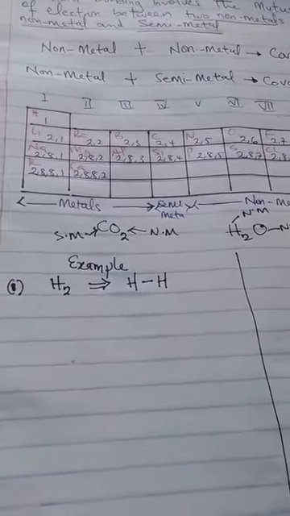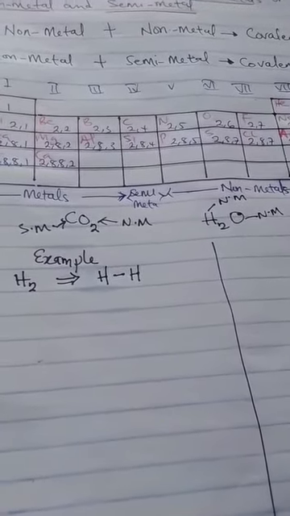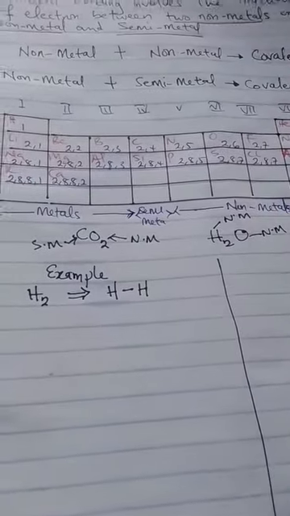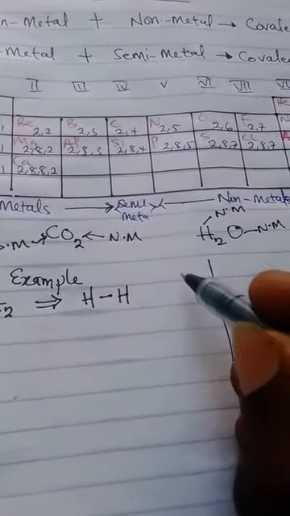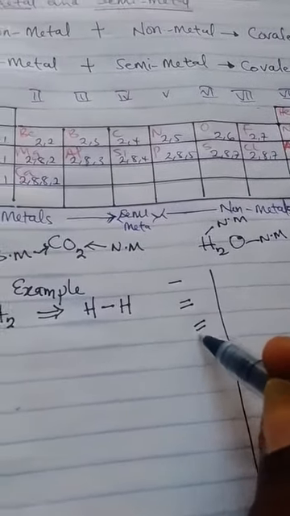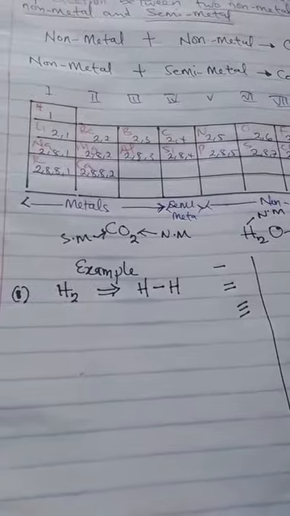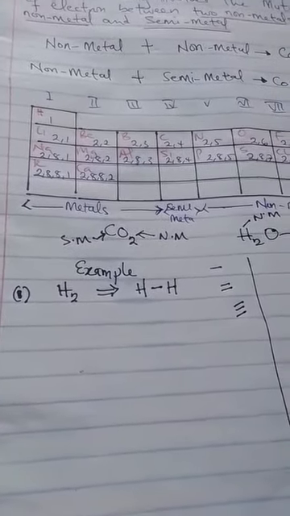Another thing you must understand about covalent bonds is that when a covalent bond is formed between two atoms, it can be a single covalent bond, a double covalent bond, or a triple covalent bond. So let's look at hydrogen gas and see the type of covalent bond that is formed between them.